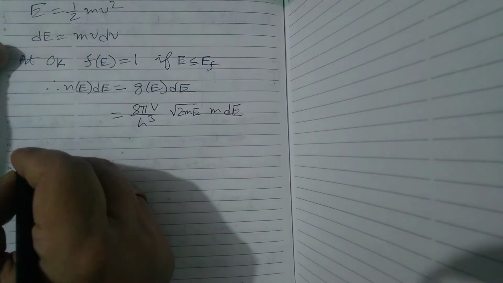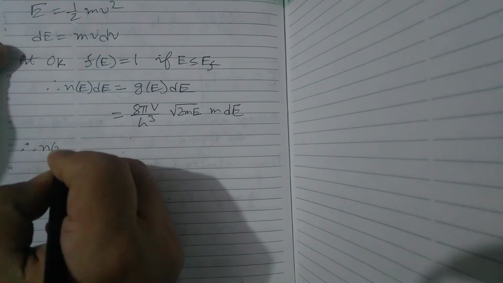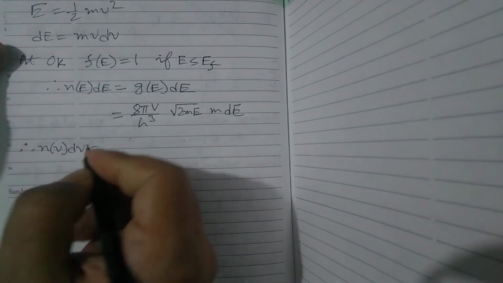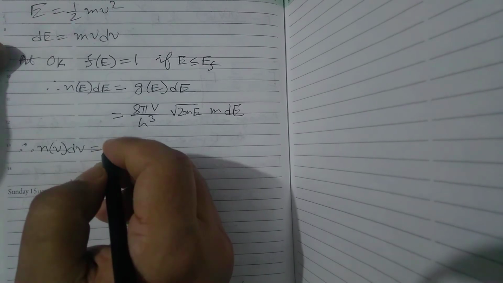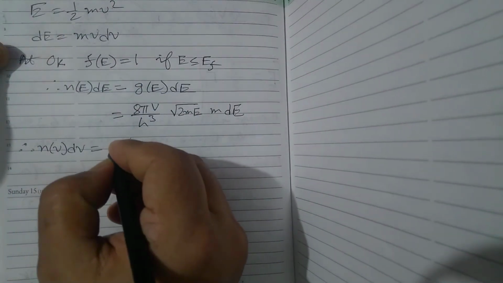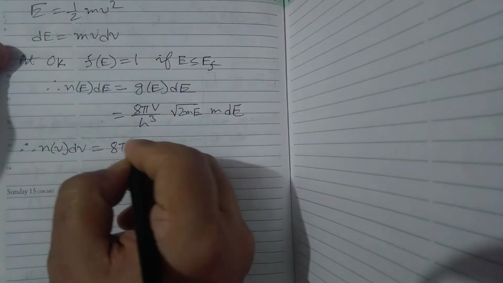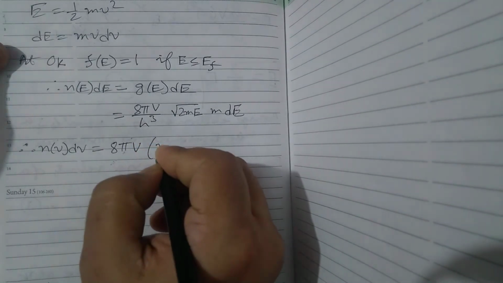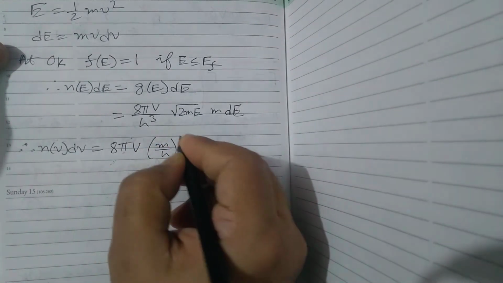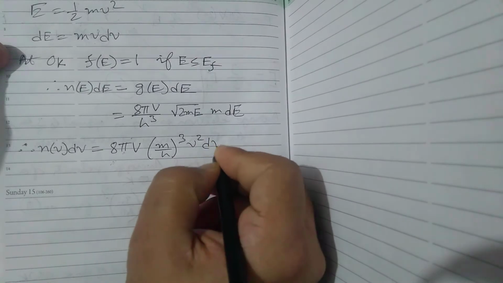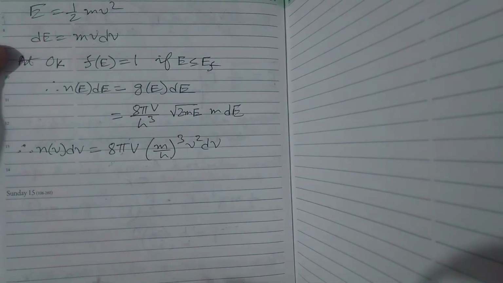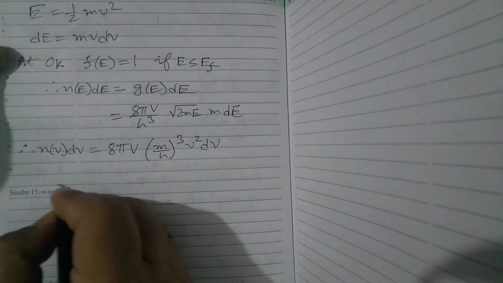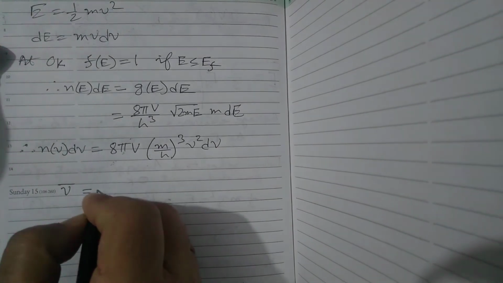So here n(v) dv, if you do all the calculation, I'm directly writing, is 8 pi V into m by h whole cube v square dv.